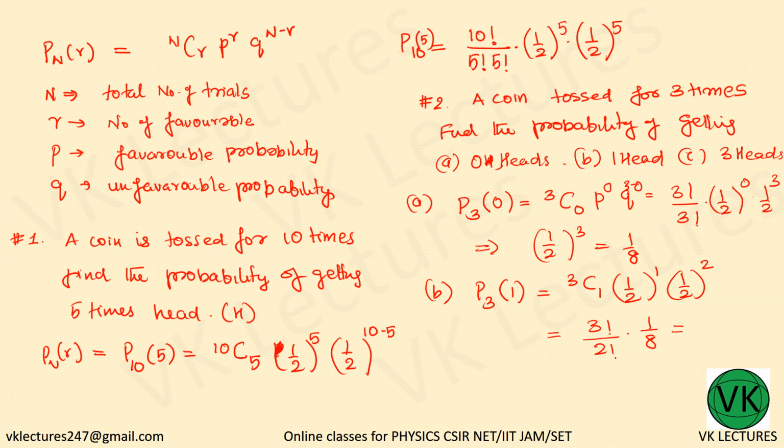So 3 by 8. Again C, P3 of 3 heads. So 3C3, 1 by 2 to the power 3, and q to the power 3 minus 3, that is 0. So 3C3 is 1, into 1 by 8, that is 1 by 8.